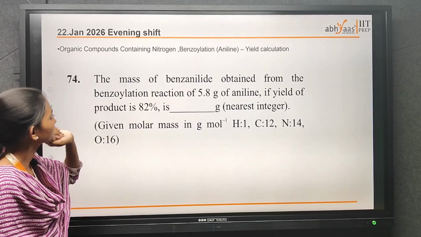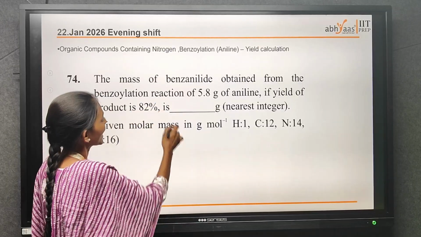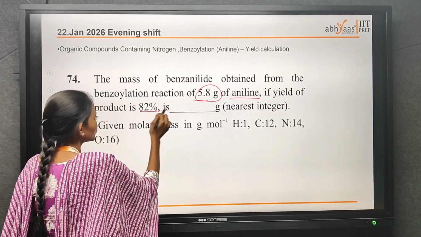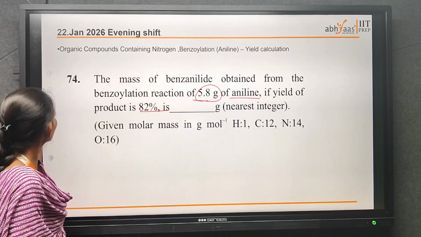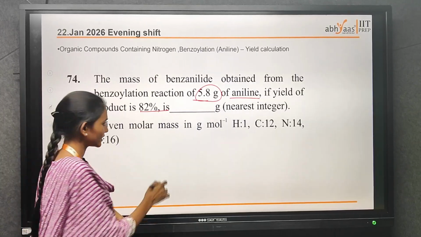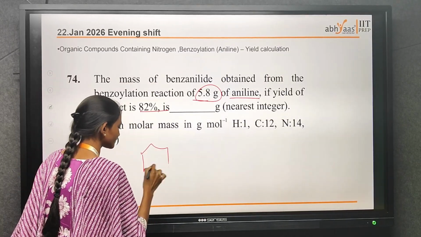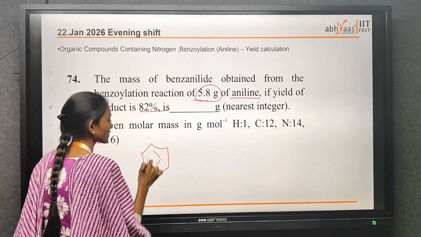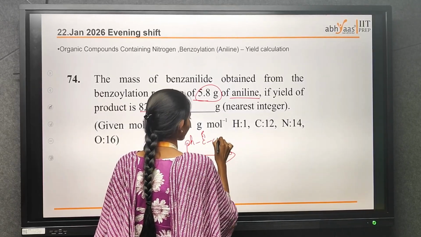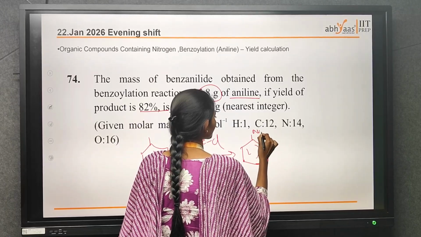Moving on to this question: the mass of acetanilide obtained from the acylation reaction of 5 grams of aniline if the yield of the product is 82%. Very simple question. See here, you have the aniline compound, which is NH2.